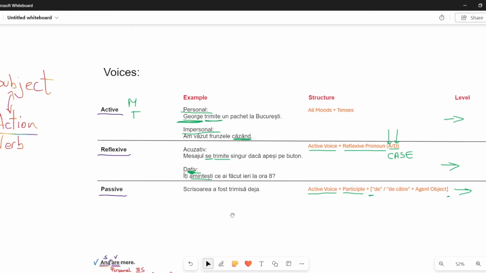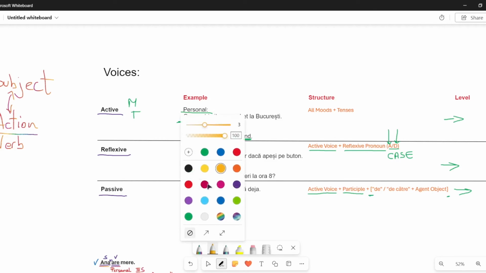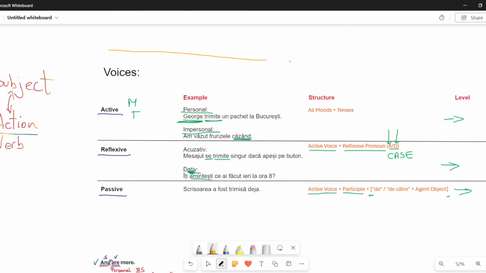My suggestion is to add the passive voice and the reflexive voice in your journey through the active voice. So for the reflexive, I recommend you study it either right after the present tense, so maybe here, or after you have learned the present, the past, one past and one future.